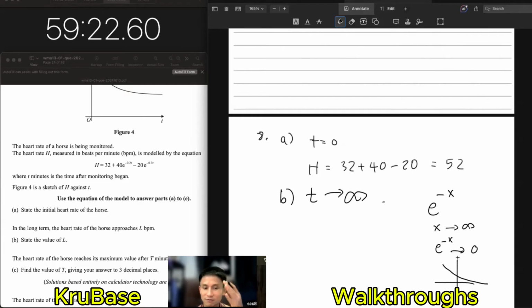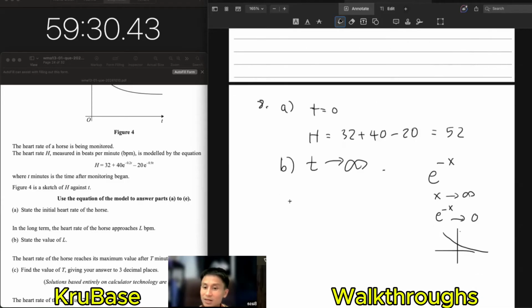It's the exponential flipped in the y-axis, right? So the y value approaches zero. So all the e to the minus blah blah t terms will approach zero. That means h will approach 32. Okay, so this is the answer. h equals 32.